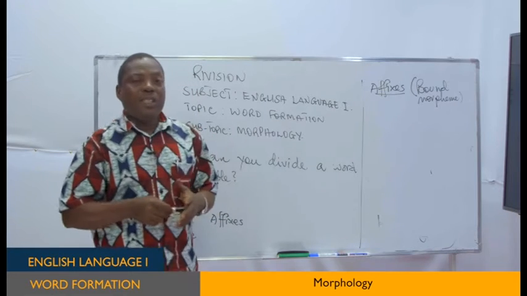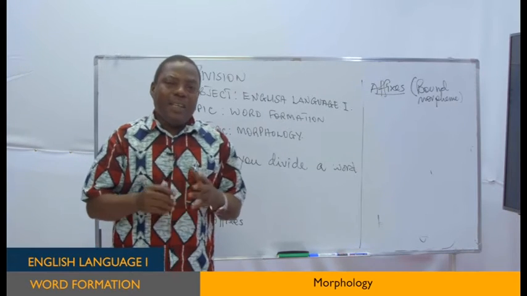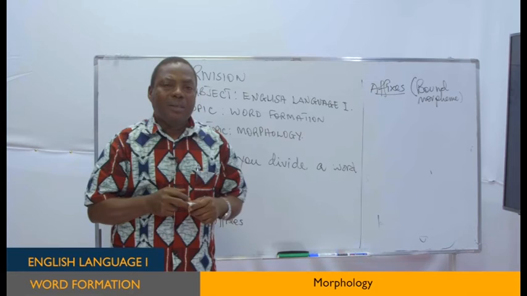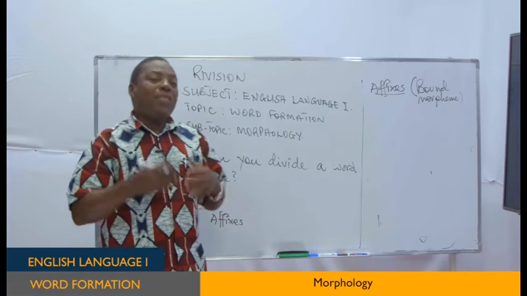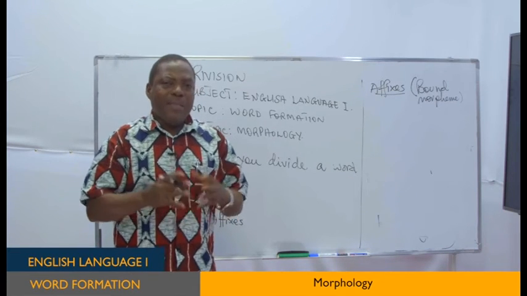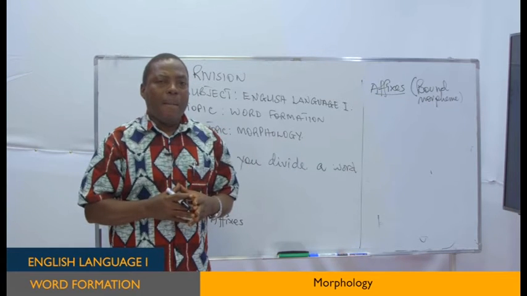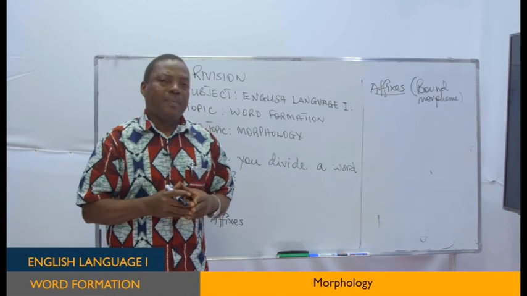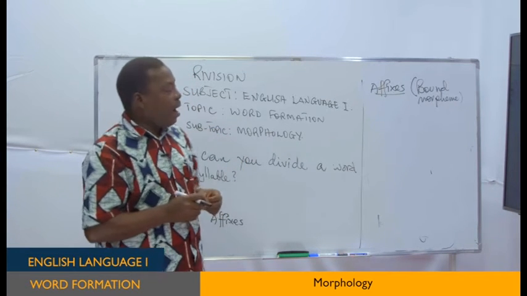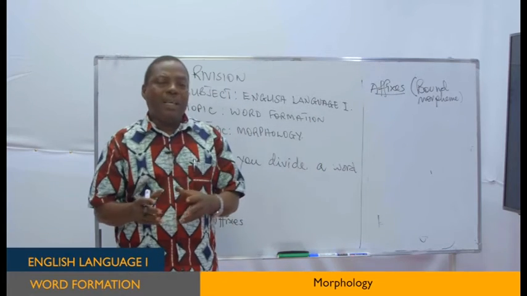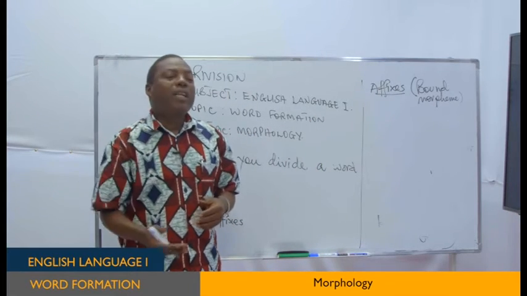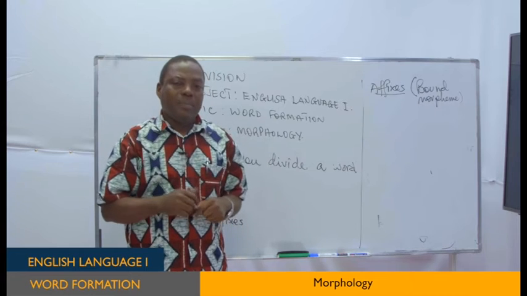Now, these affixes are basically of two categories. Some, when they are attached, change only the meaning, but they don't change the word class. But we have other affixes that, once attached to a word, change the word class and the meaning as well.